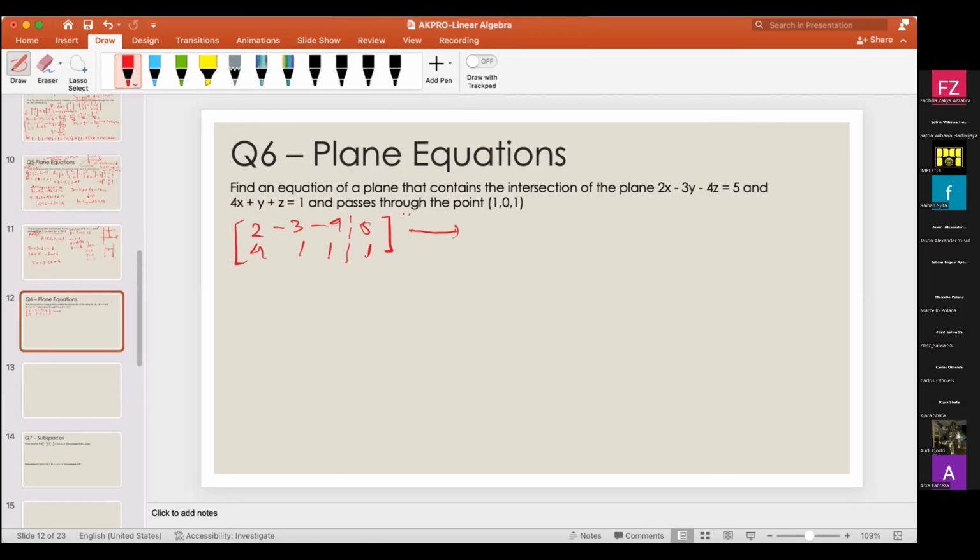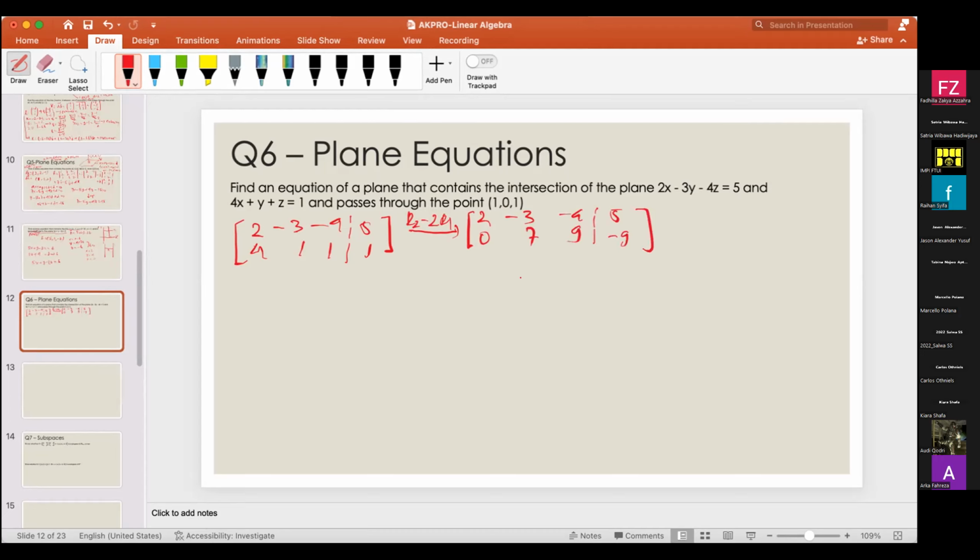So R2 minus 2 R1, this will result in 2, 0, 1, 2. And R1 doesn't change, so 2, negative 3, negative 4, and 5. So 1 plus 6 is 7. 1 plus 8 is 9. 1 minus 10 is negative 9.